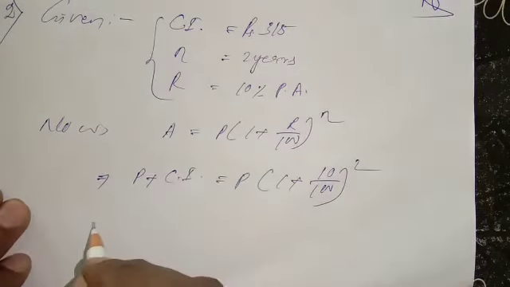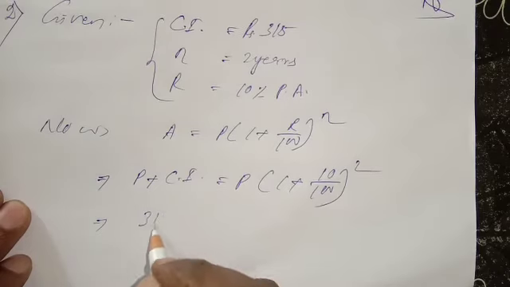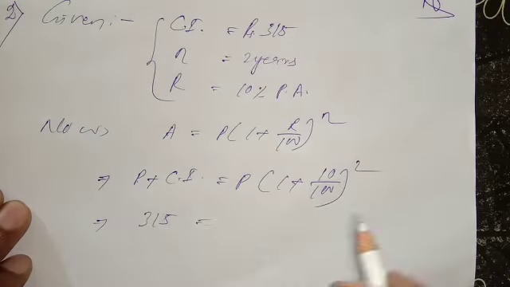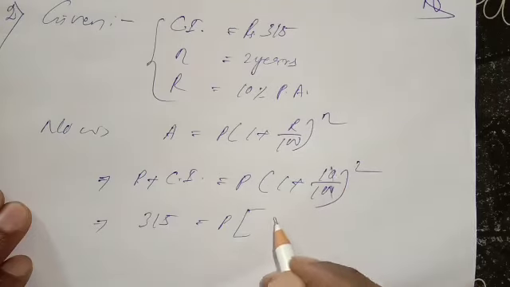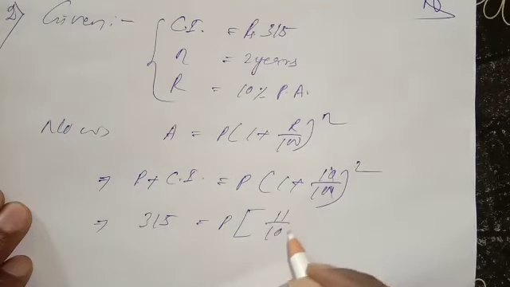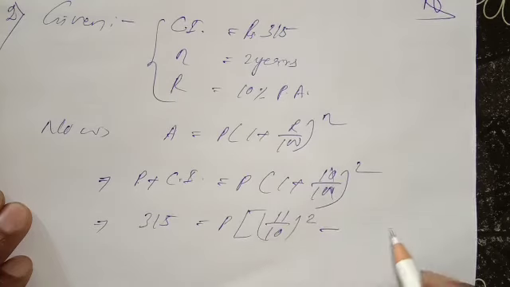Now compound interest given 315. Taking P common, this will be 11 by 10 whole square minus 1.